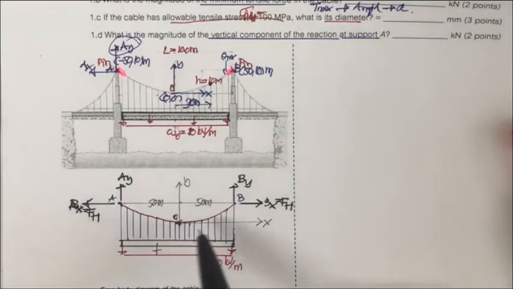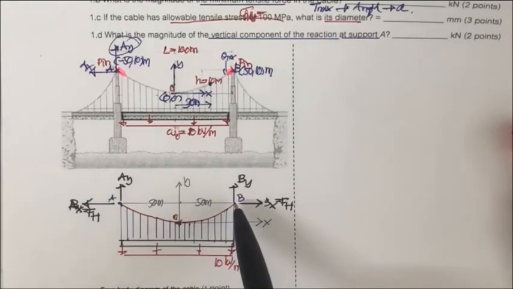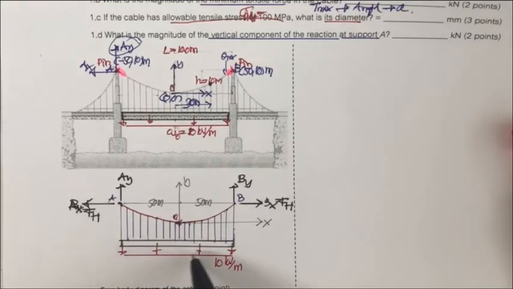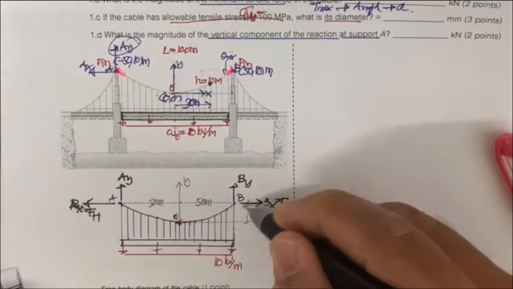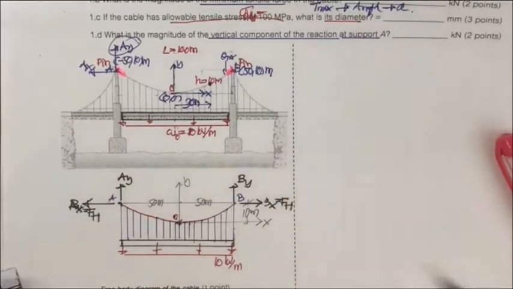You have the cable system, free from the support. And then you have the applied forces of 10 kilonewton per meter. And you have the unknown reactions, and you have the required length. The sag is going to be 10 meter.